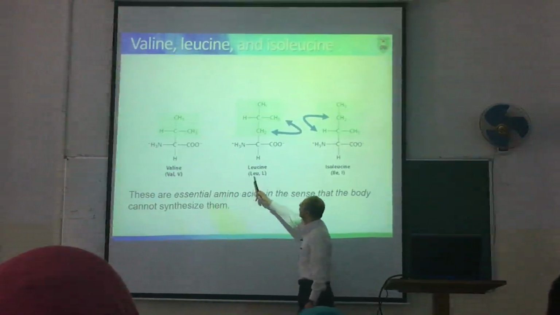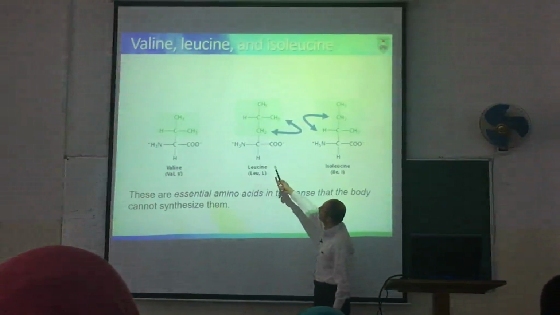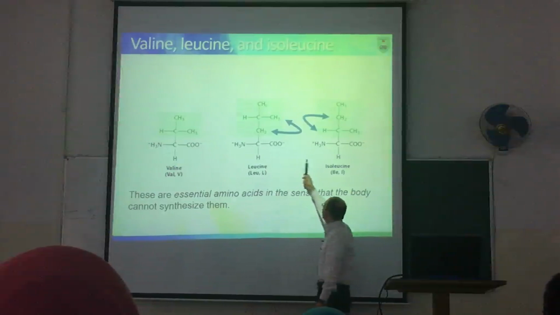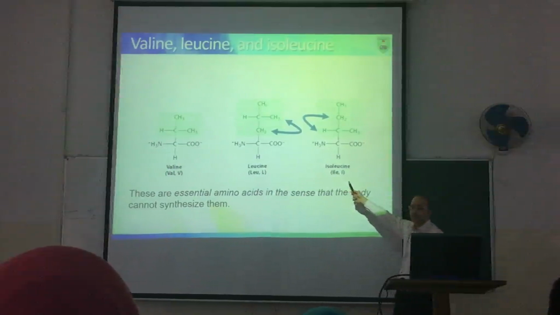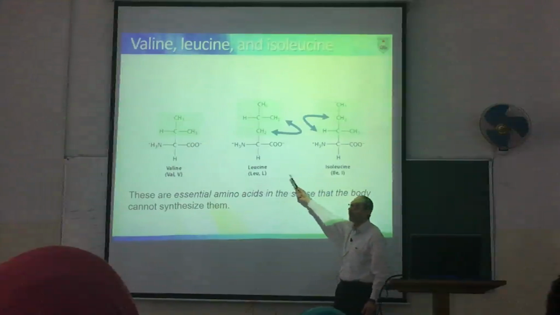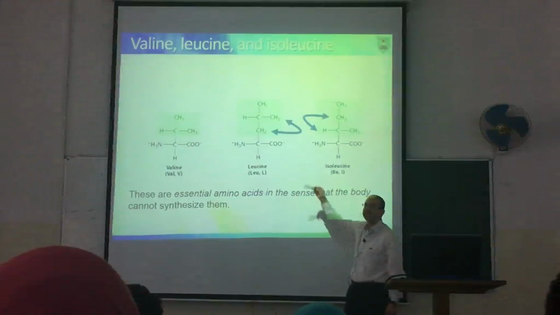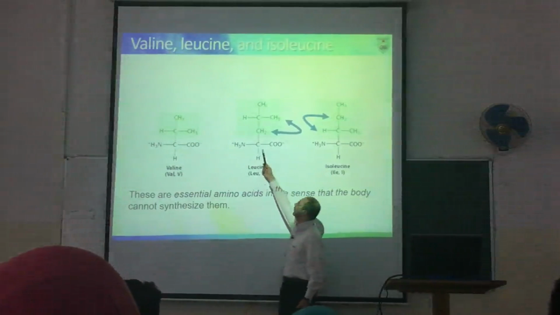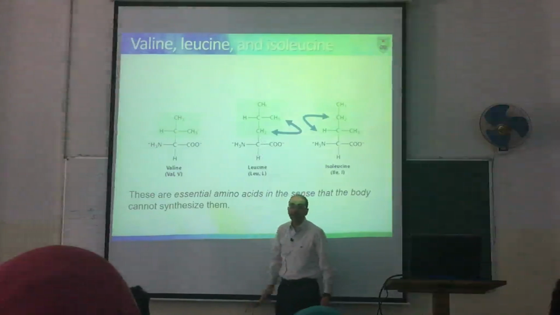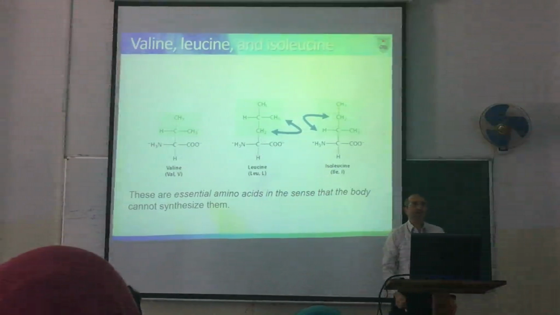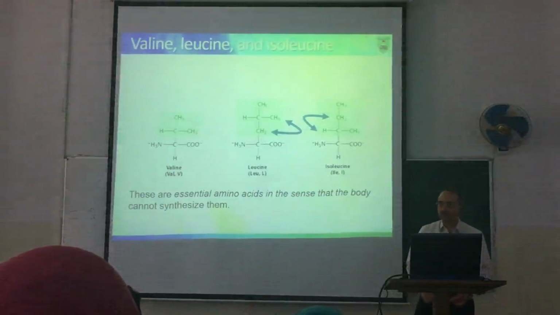Notice the structure of leucine, also branched. And here isoleucine is also branched. Leucine and isoleucine look exactly the same except the branching point is different. For leucine it is on the gamma carbon, going alpha, beta, gamma. For isoleucine it is on the beta carbon.